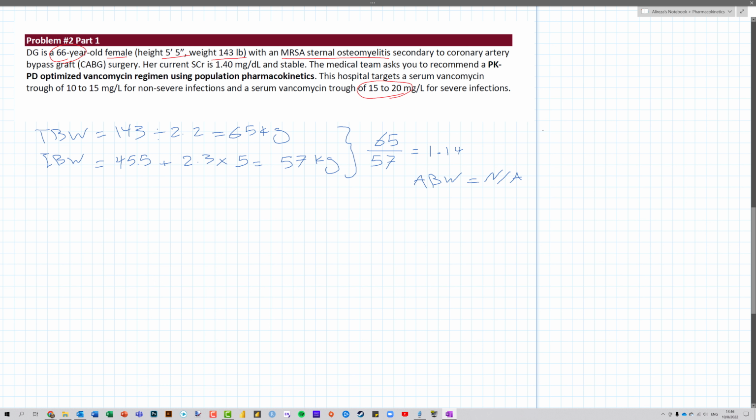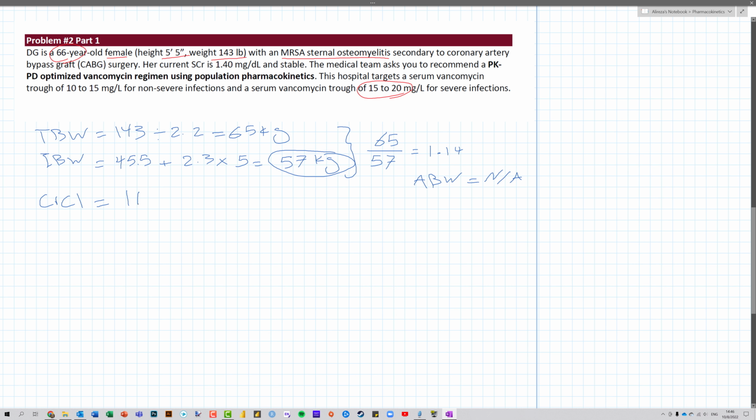Okay, and for the purposes of renal assessment, we're going to use the ideal body weight. But for vancomycin calculations, including dosing or other things directly related to vancomycin, we will use total body weight. But for using Cockcroft-Gault to calculate creatinine clearance, we're going to use ideal body weight.